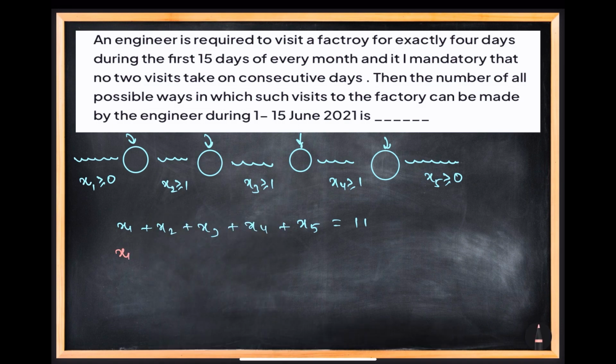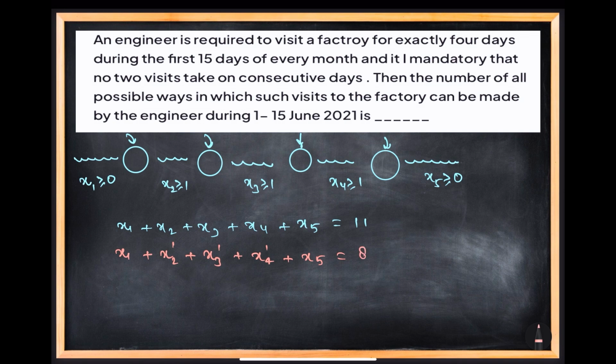So x1 is not a problem, but x2 is a problem, so we will give him 1 samosa. To convince x3 we will give 1 samosa. To convince x4 we will give 1 samosa. And x5 is okay. So how many samosas have we spent? 3 samosas. So we are left with 8 samosas.